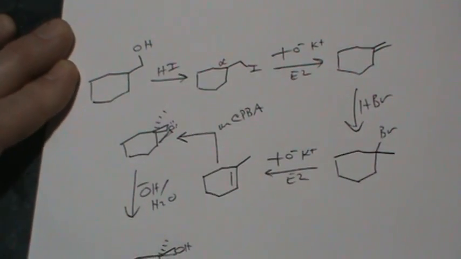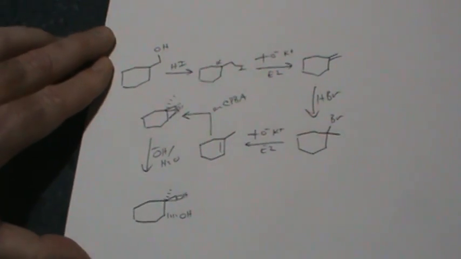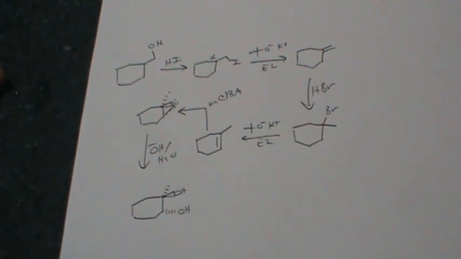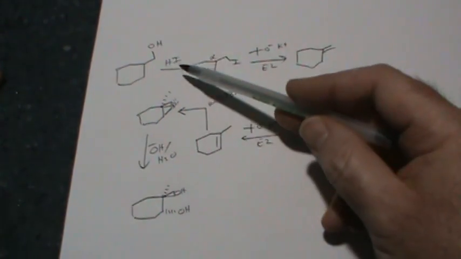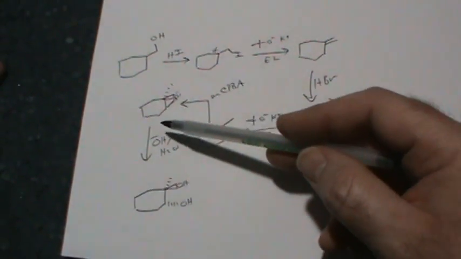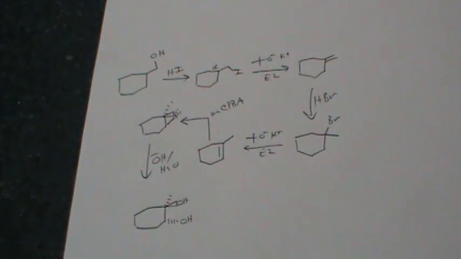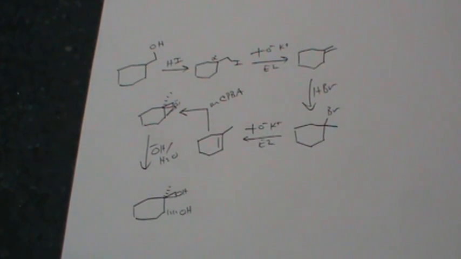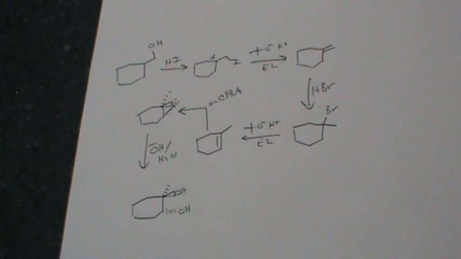So it's a multi-step synthesis. Probably the longest synthesis we've done in this class so far. 1, 2, 3, 4, 5, 6 steps. I would say this is a pretty aggressive synthesis for us at this stage of the game. A 6-step synthesis is pretty tough, especially as all these reactions are relatively new to us.